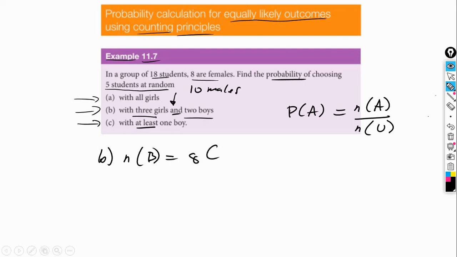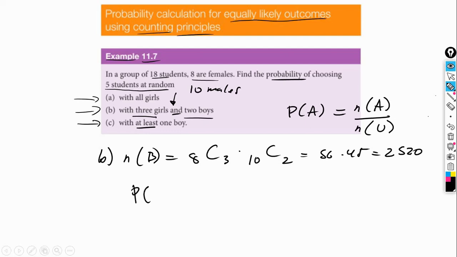So 3 in combination with 8. And this times, because we have and as I said, how many different ways can we pick 2 boys out of the group of 10? So that would be 10 in combination with 2. So this is going to equal 56, which we had before, times 45, which is a total of 2,520.